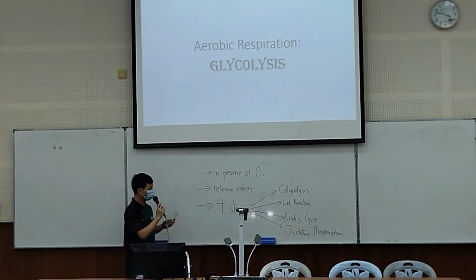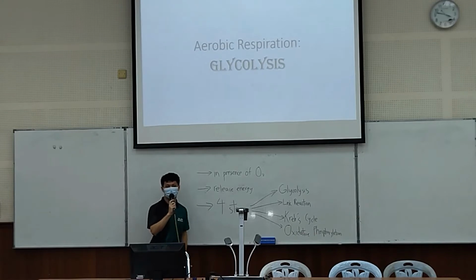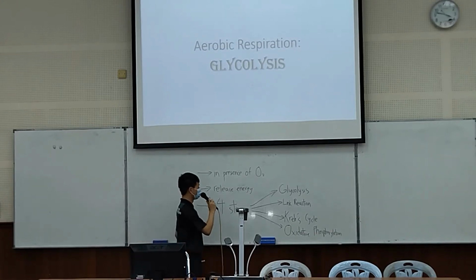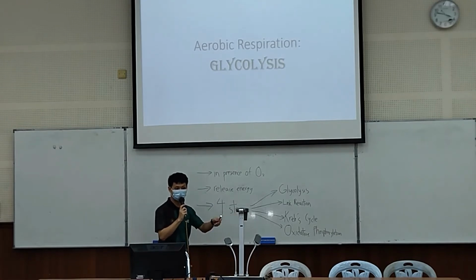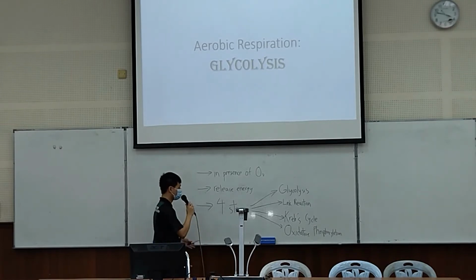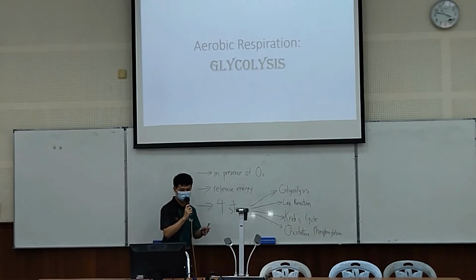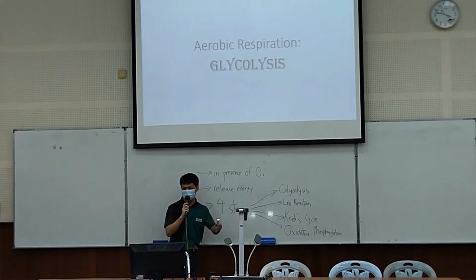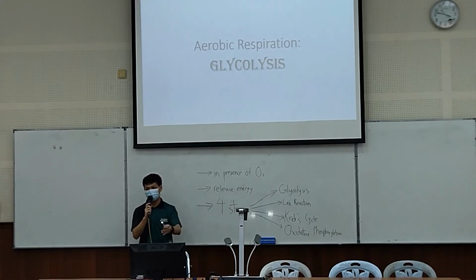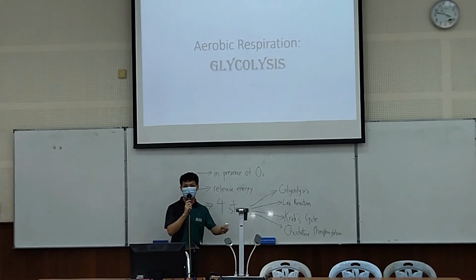Aerobic respiration is a type of cellular respiration that must occur in the presence of oxygen, which means that it requires oxygen in order to occur. The function of aerobic respiration is to release energy stored in glucose and other organic compounds in order to produce ATP for the functioning of our body.